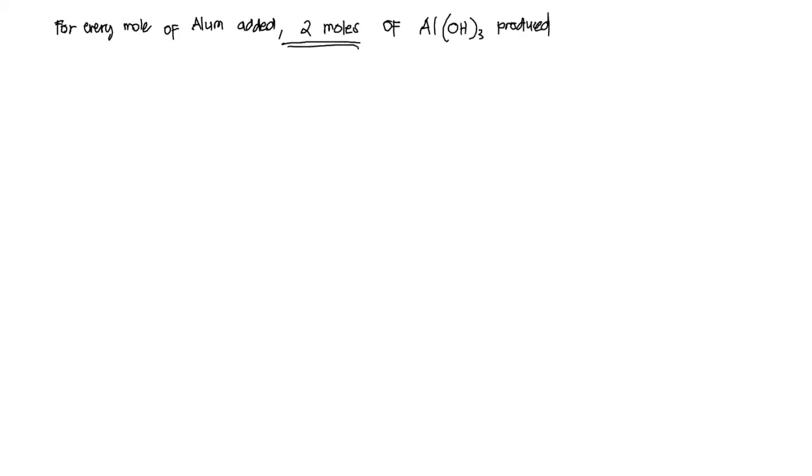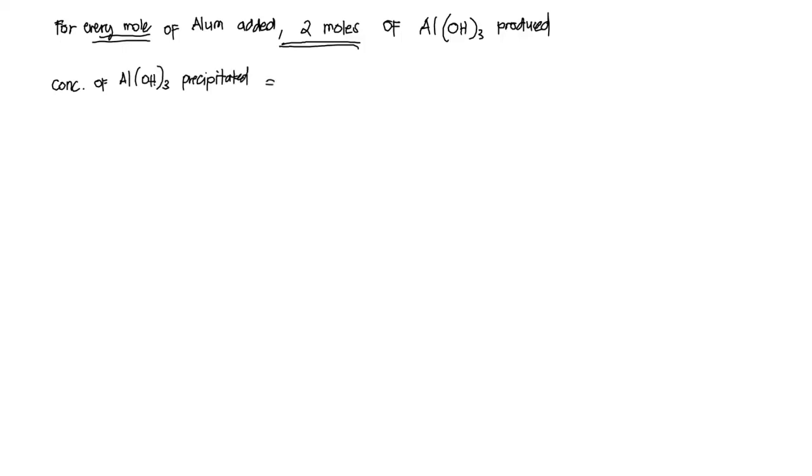So for every mole of alum added, 2 moles of aluminum hydroxide are produced. Now calculate the concentration of the aluminum hydroxide precipitate.